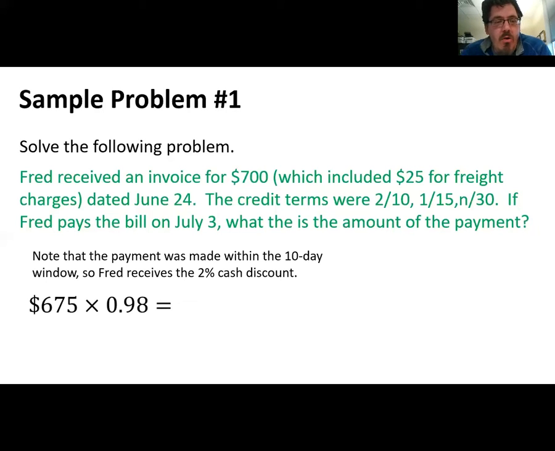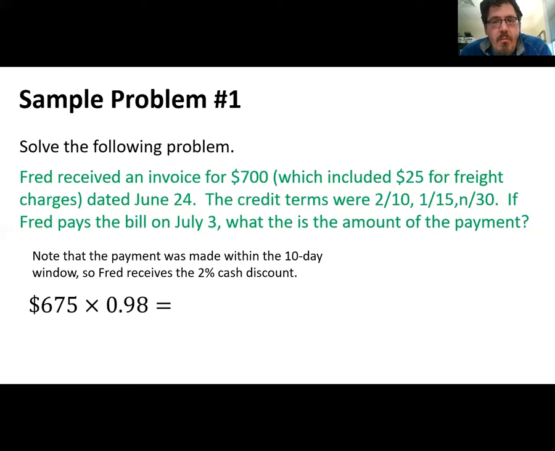Okay? Now, notice when we go to do our calculation, a couple of things. Number one, we're not using 700, we're using 675 because we cannot include the $25 freight charge in our calculation. We don't get a discount on the freight charge. So make sure you subtract that off the invoice amount and use that new total for your calculation. Okay? So $675 is what we're going to use.